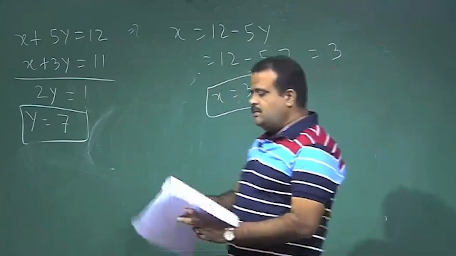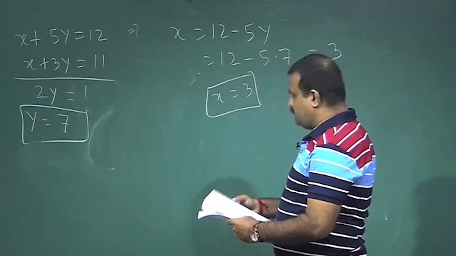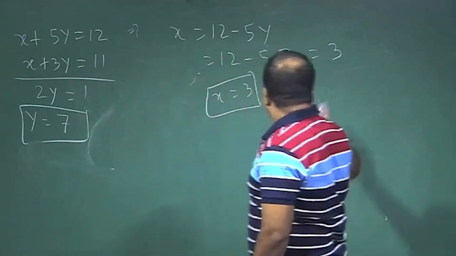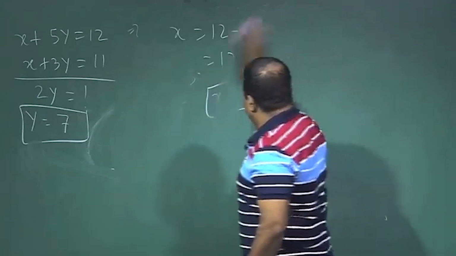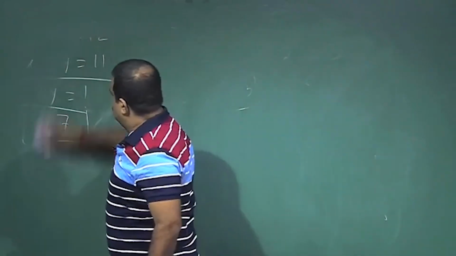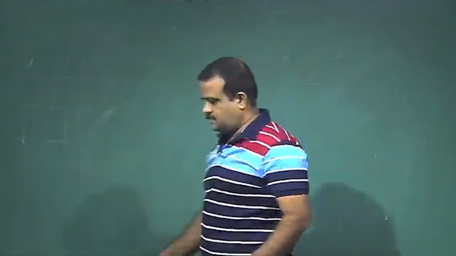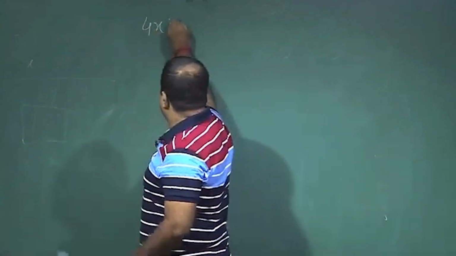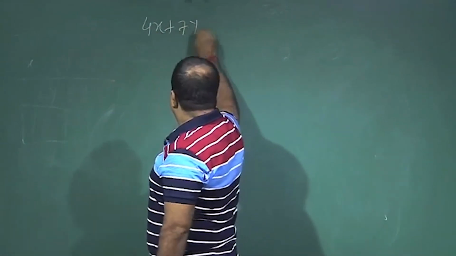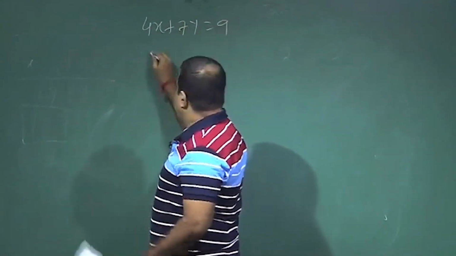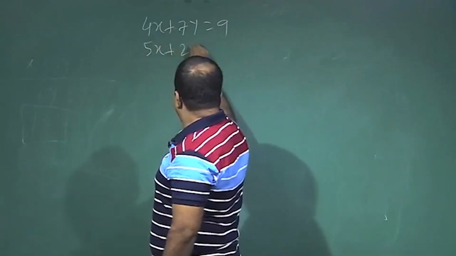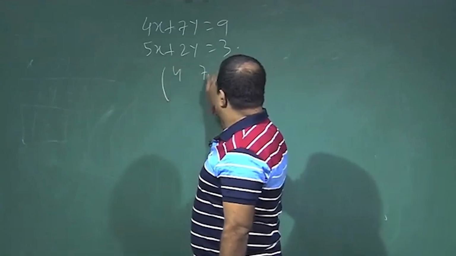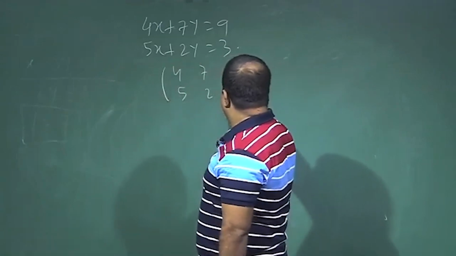Now, if we try to solve this in matrix form, we have to perform matrix operations like row operations and column operations. Our equations are 4x plus 7y equal to 9 and 5x plus 2y equal to 3. We can write this as the matrix 4 7, 5 2, and take the augmented matrix.